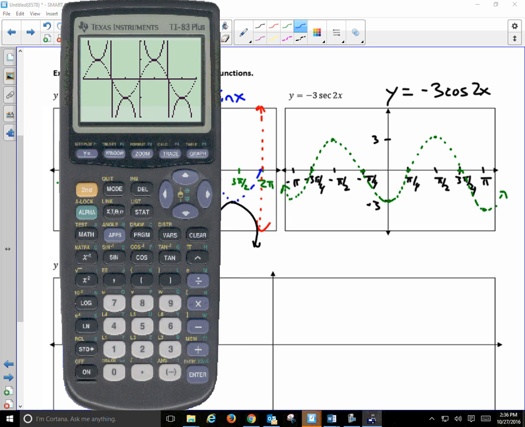Now what? Every time it crosses 0, I draw asymptotes.